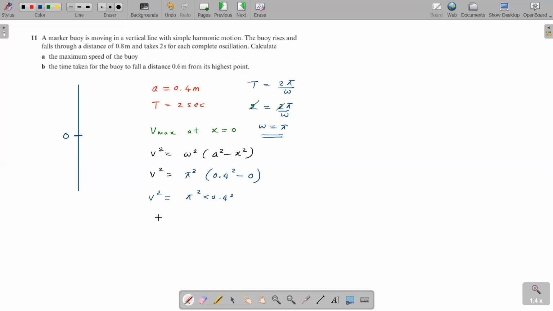Removing the square root from everything, it's 0.4 pi, which gives 1.256637061, it goes on. You can leave this answer to 3 significant figures: 1.26 meters per second. Answer correct to 3 significant figures.